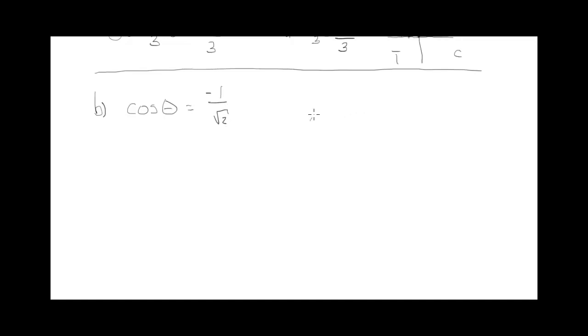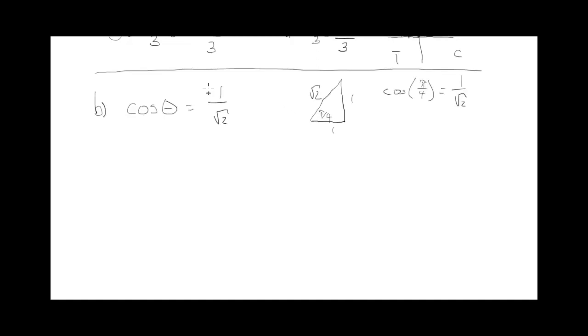That's your pi by 4 triangle. So this is pi by 4. The other sides are 1, 1, and root 2. So we know that cosine of pi by 4 is 1 over root 2.